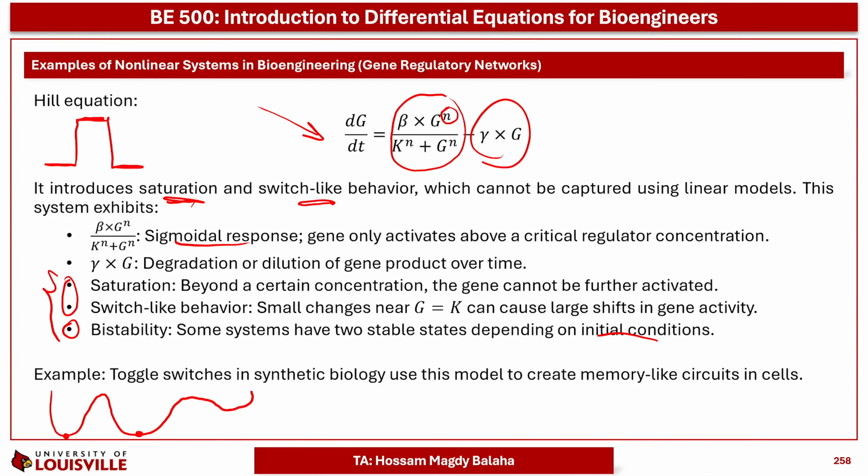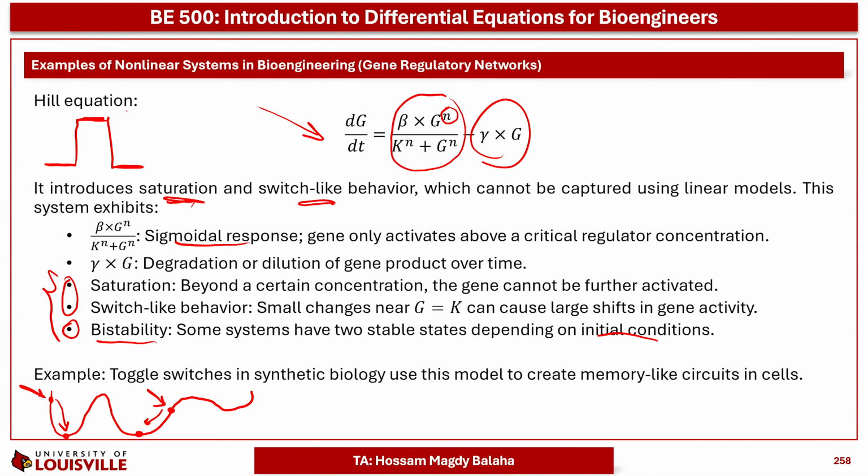Let's assume the system would be stable depending on the initial condition. If we start the initial condition right here, then we can reach this point. And if we change our initial conditions right here, we will reach this point. So depending on the given initial condition, you will reach a specific stable or non-stable point. And if you have two stable states in your system, you can call it a bistable system.